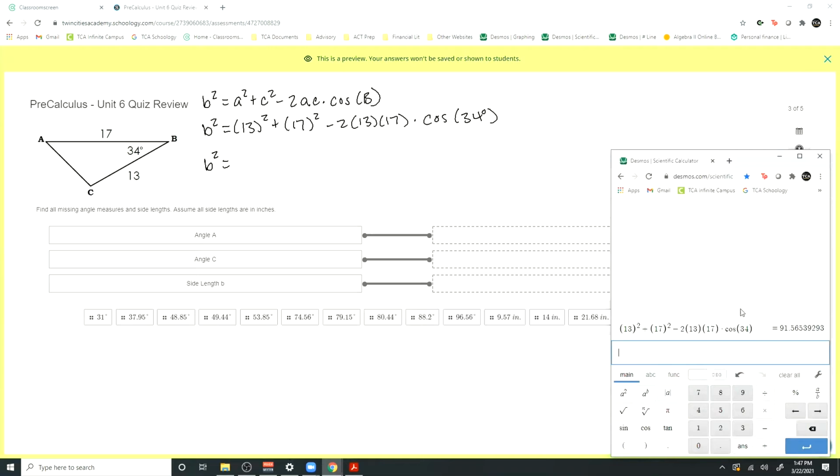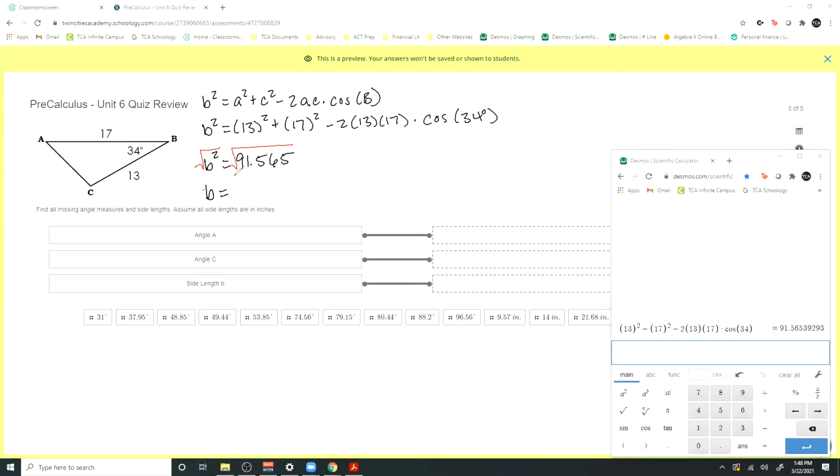Let's double check I typed everything in right. Yep, this will end up being 91.565. Now remember that this is b squared. I don't want to solve for b squared, I want to solve for b. As such, I need to take the square root of both sides.